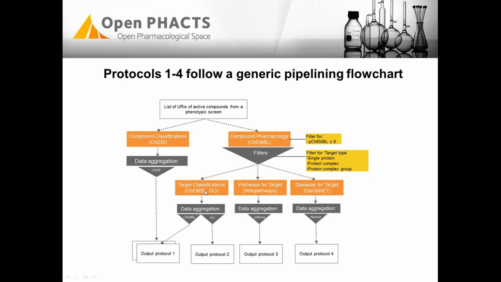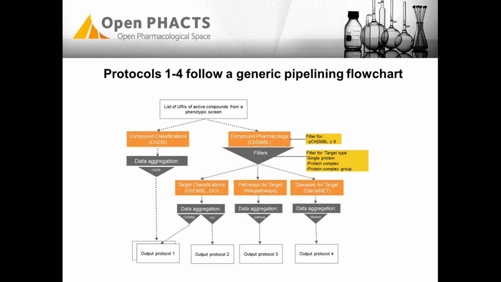And then you look into target classifications, ChEMBL and GO, do again data aggregation and some statistics to count, for example, the number of actives, the number of unique compounds, or the number of targets, and things like that, very essential statistics, and provide an output list.